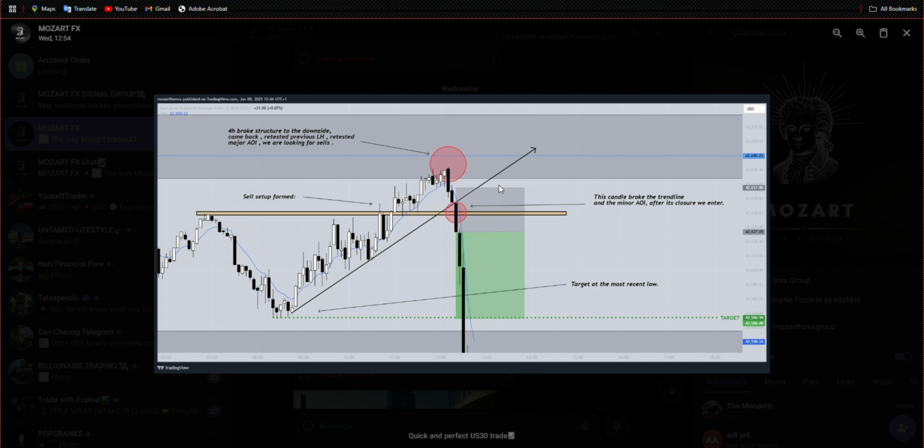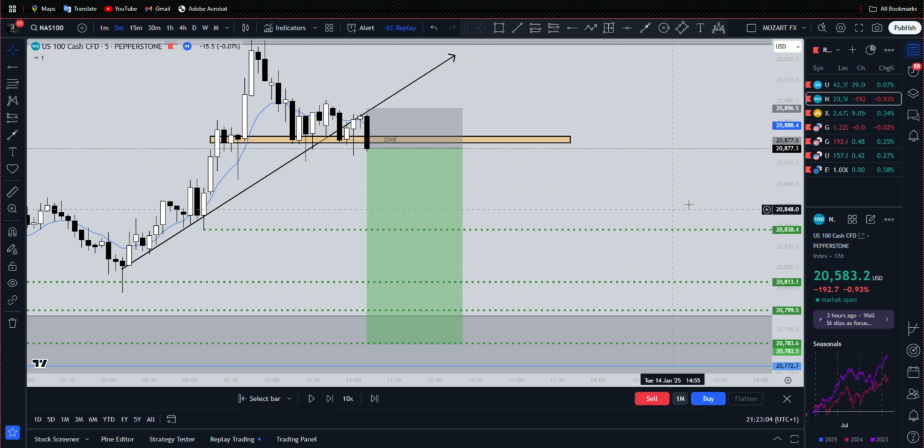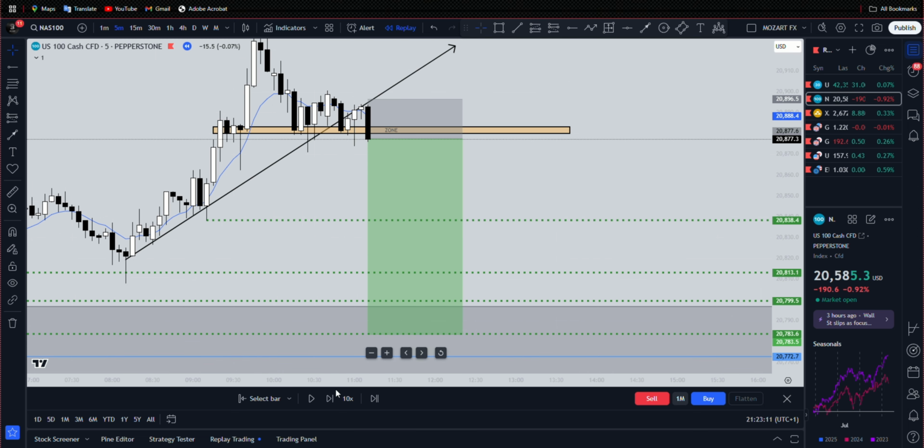So just like that, we want price to go straight at our take profit. However, in this case, because of the time, we can expect some consolidation or pullback, but it's a good quality setup, so I guess it's not a problem. So we see what happens.